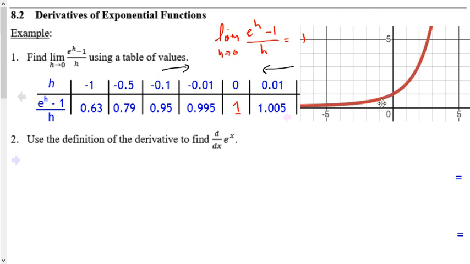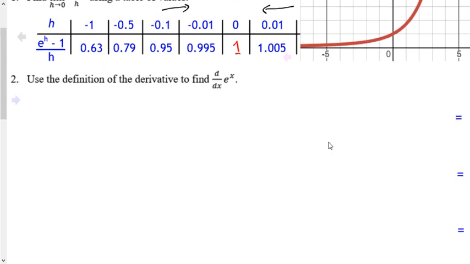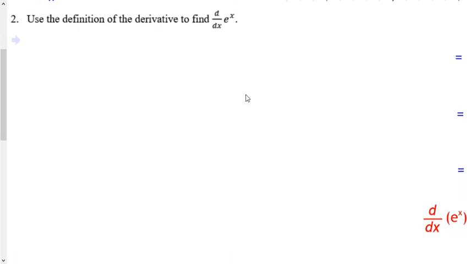We want to use the definition of the derivative to figure out the derivative of e to the x. You will remember the definition of the derivative is the limit as h approaches 0 of f of x plus h minus f of x all over h.